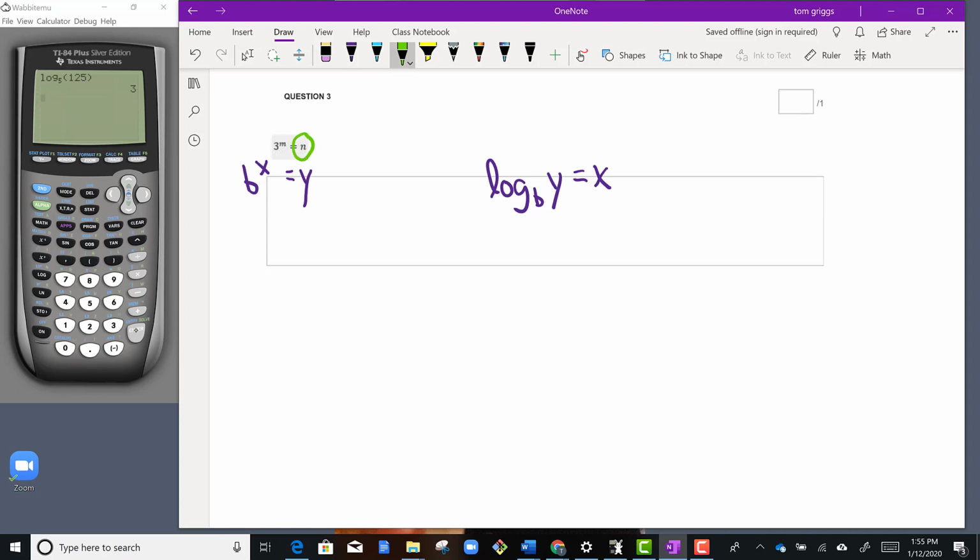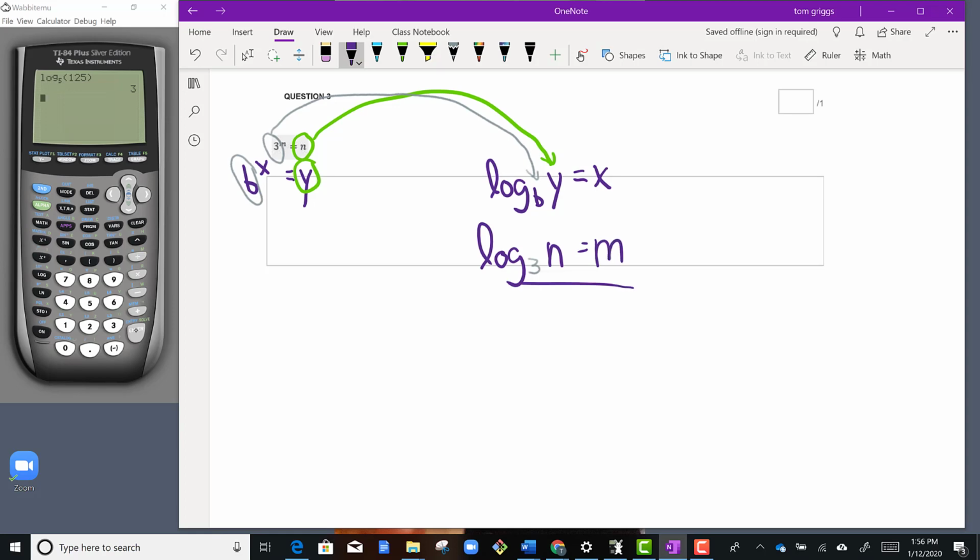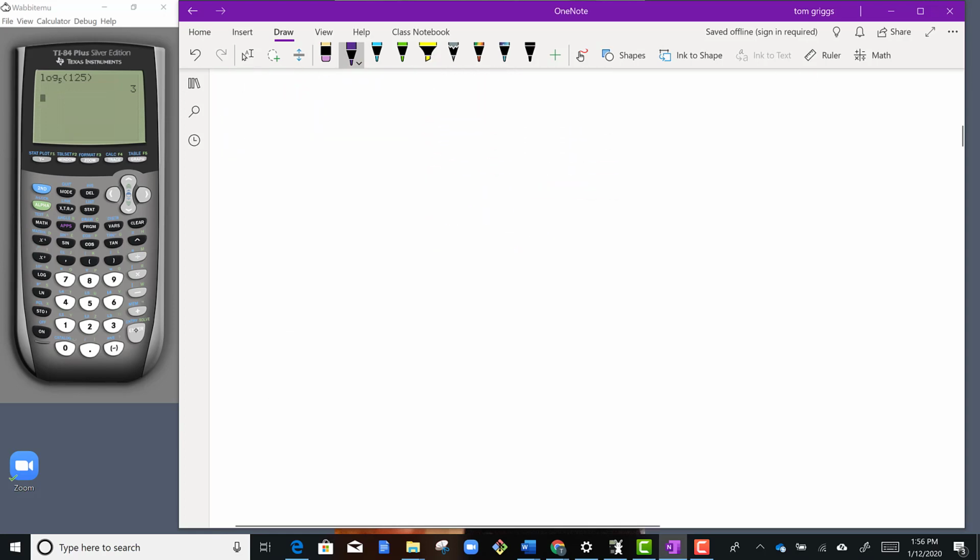So the n goes in for y. So I'm going to rewrite this. Log n equals, the base is 3. So 3 is going to go in for the subscript in the logarithm. And then the only thing we have left is the variable m. Pretty straightforward here.